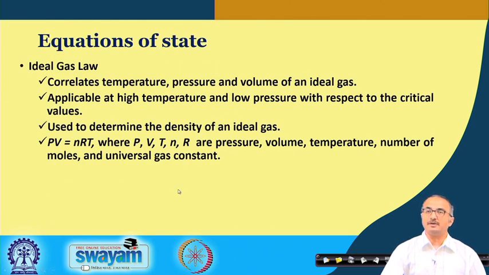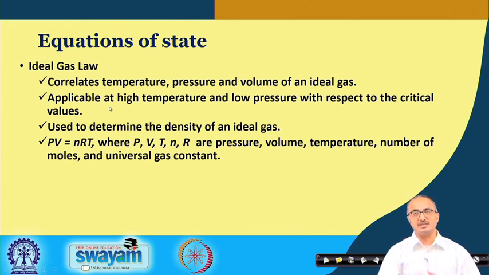Another type of thermodynamic relation is the equation of state. This also you are quite aware of, and you know that this correlates the temperature, pressure, volume of an ideal gas for the ideal gas law, and it can be for real gas also, we shall see that later.